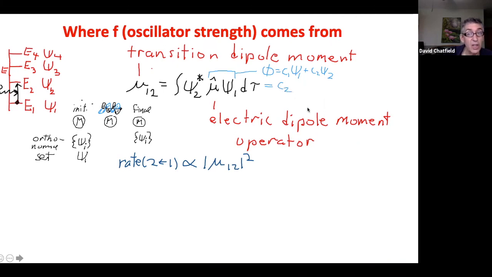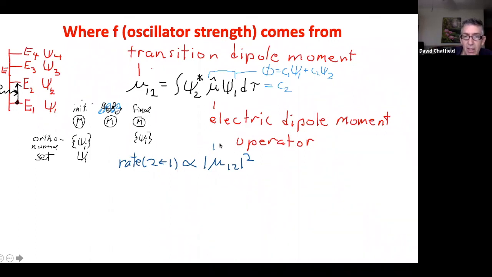So that's interesting, right? Now notice what we have down here. It turns out that the rate of transition from state 1 to state 2, and remember you've got a large sample of molecules, and there's a transition rate, and that transition rate will be proportional to the square modulus of the transition dipole moment.